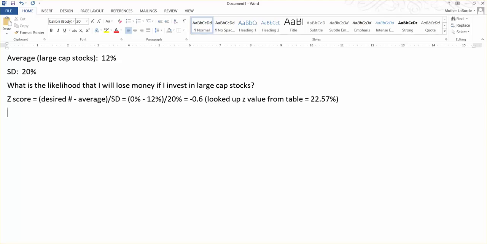So I take that 0.5 minus the 22.57. I'm going to need to keep my decimals straight, and that's going to give me 27.43%. So that is the likelihood of losing money if I invest in large cap stocks.